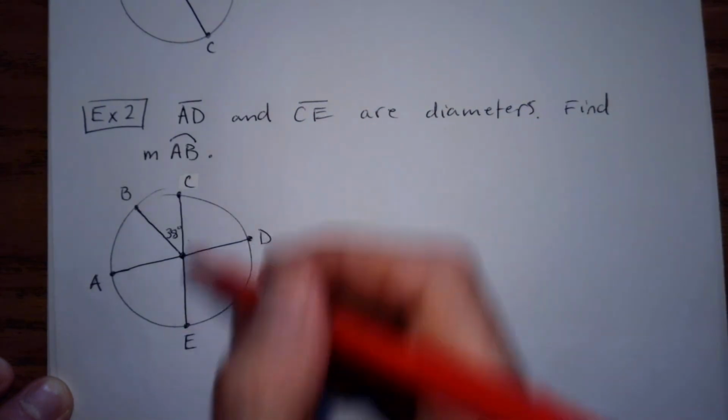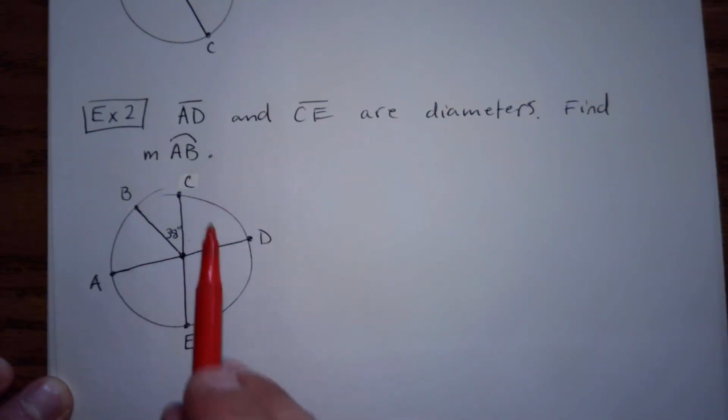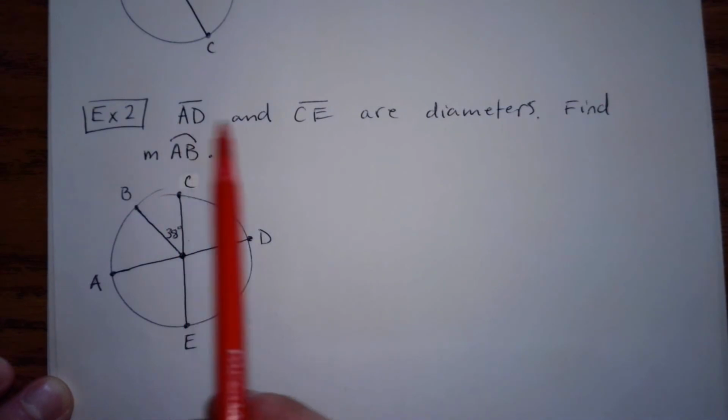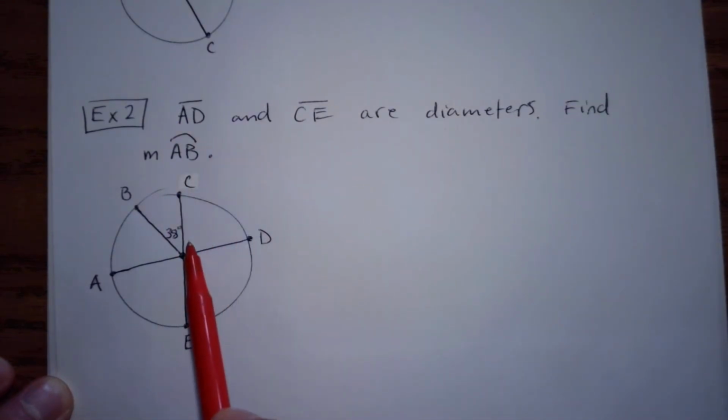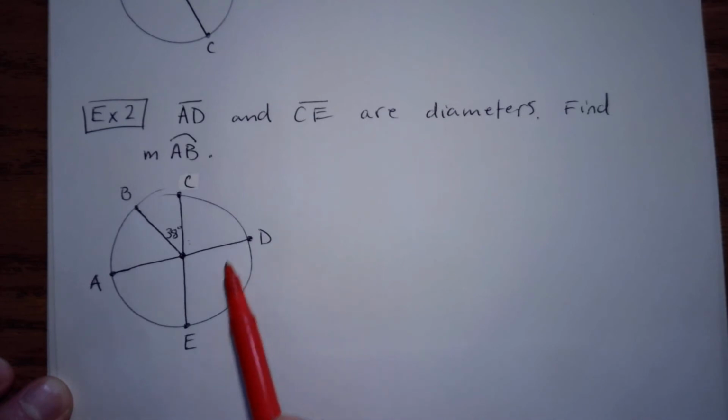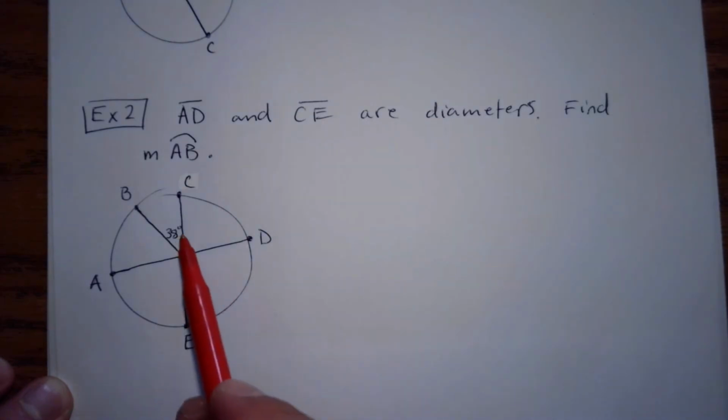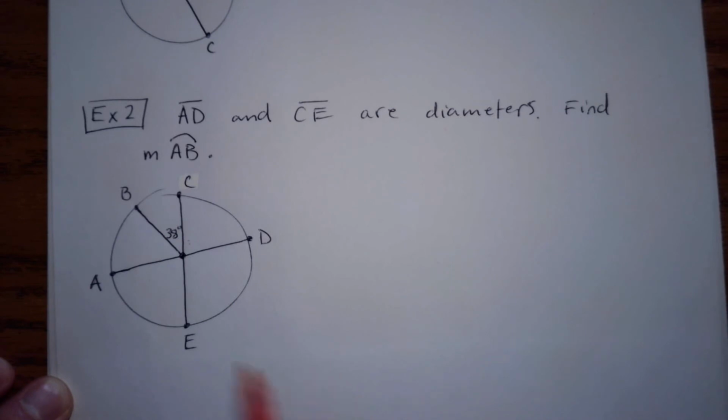Maybe I should have exaggerated it, but it doesn't tell us that those are 90 degrees, just that they are diameters. In fact, the way that I drew it, this angle is bigger than this angle, right? And it doesn't say they're 90 degrees, so they're not 90 degrees. Maybe try with that information.